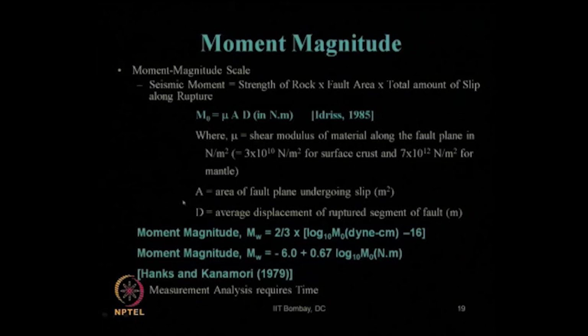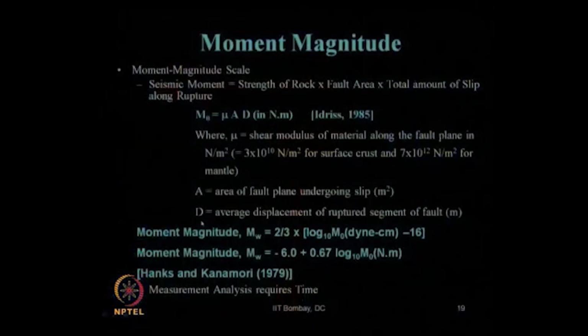Okay? Now, A is the area of the fault plane which is undergoing the slip, in the unit of meter square. The unit of A should be meter square. As we talked about in the previous lecture, the fault plane we can identify. So, that cross-sectional area of the fault plane which gets exposed, or which you can find out during the release of earthquake energy, needs to be used in this expression.